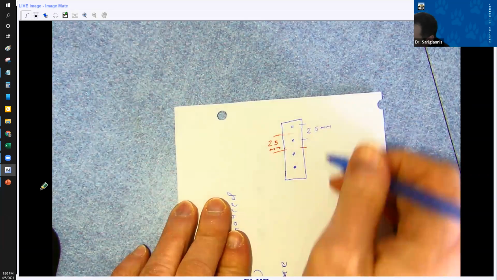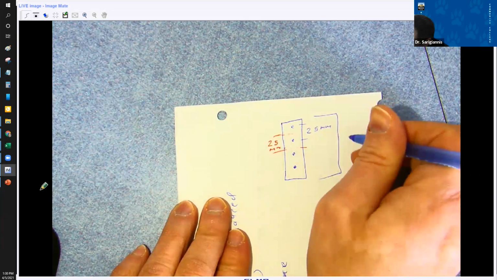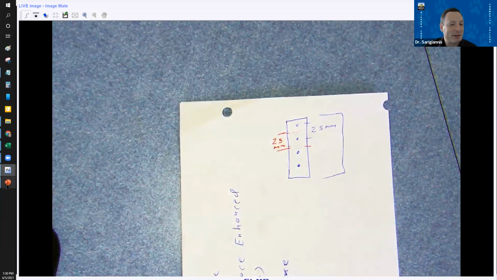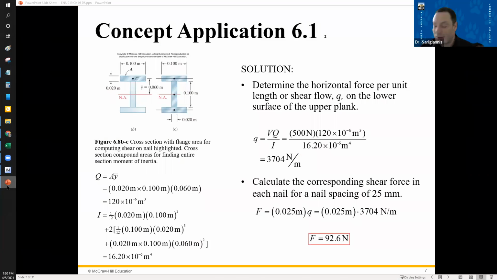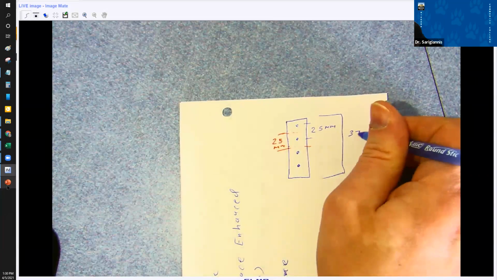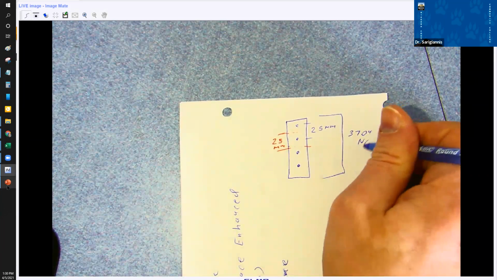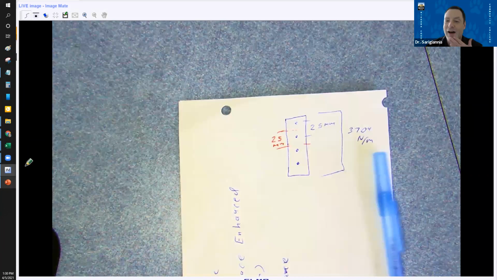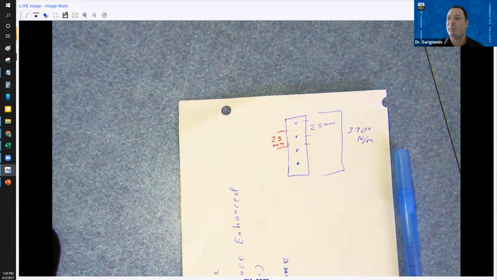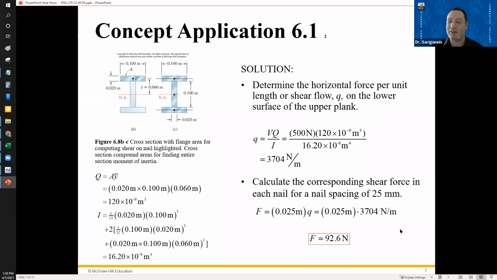So for a given meter, or for a given length, we've got, what did we say it was? It was 3,704 Newtons per meter. We're just dividing that up by the fact that we have these nails every 25 millimeters.